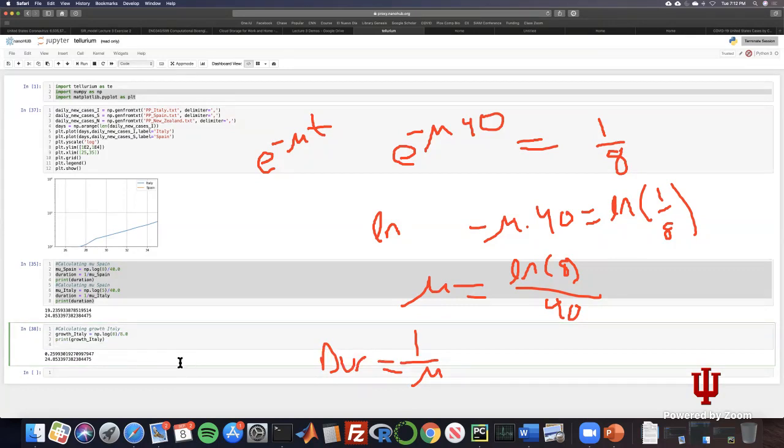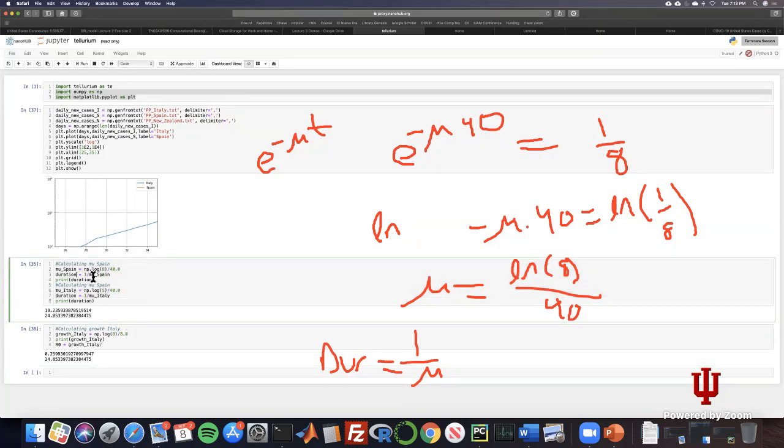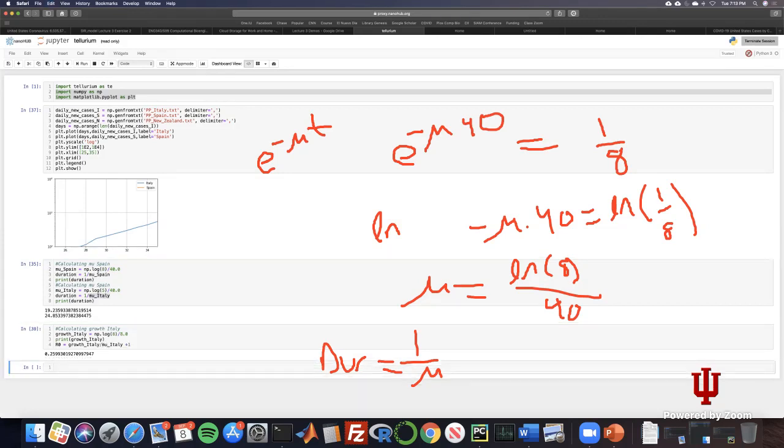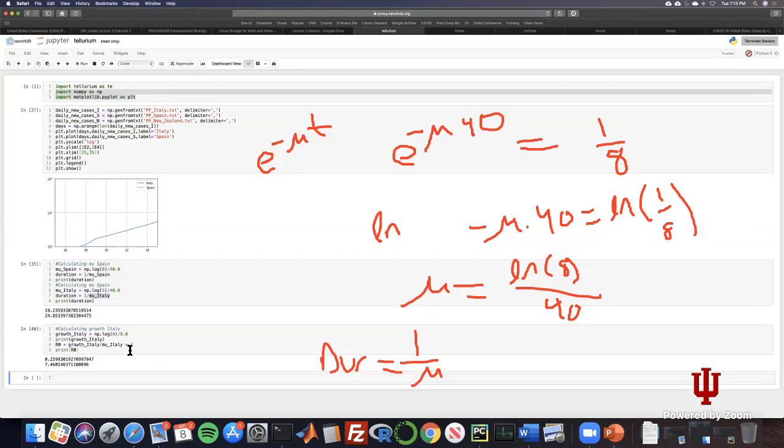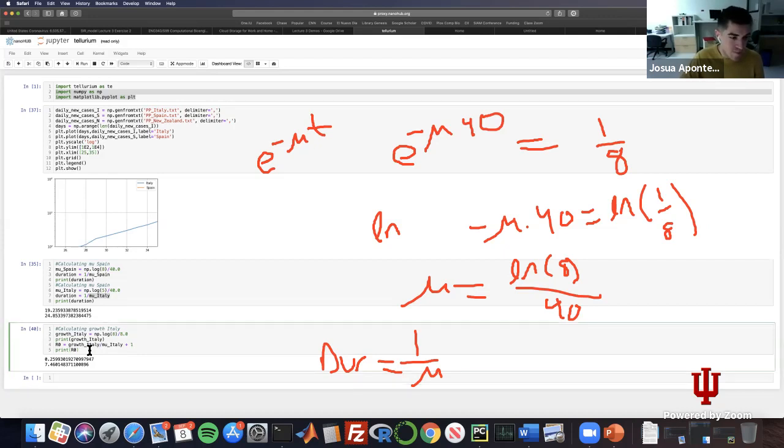So if you've measured the rate, what we need is that R naught is equal to rate divided by mu plus 1. 7.46. What about for Spain?